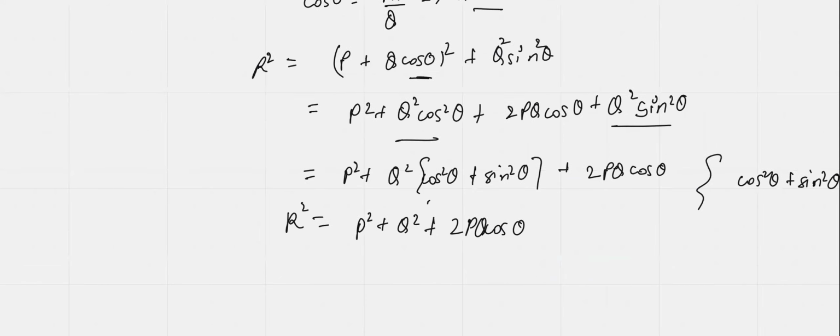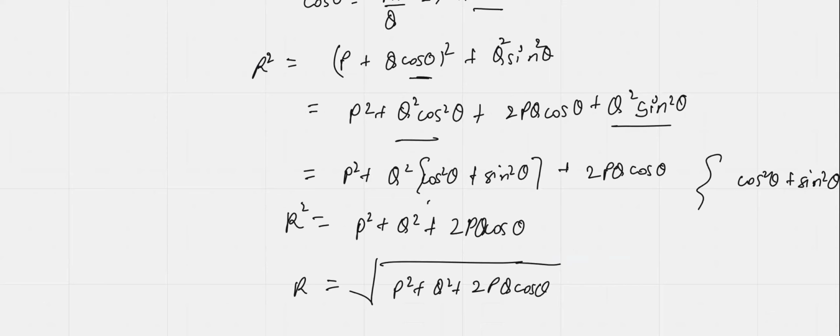So the value of the resultant vector comes out as the square root of P square plus Q square plus 2PQ cos theta. Is this clear? Look at how we have solved it and how we have got the final value.